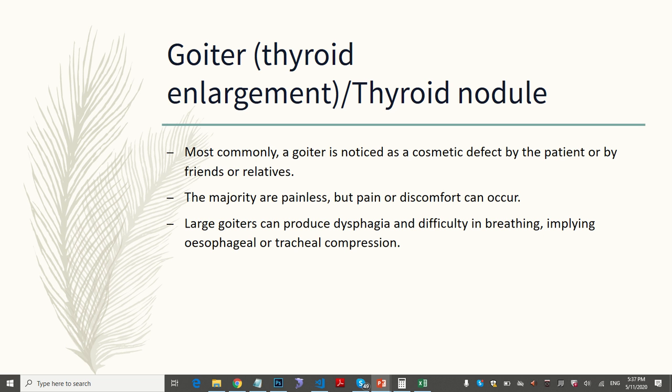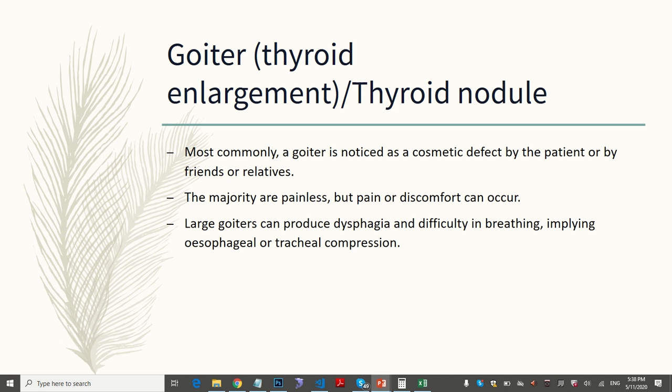Now, goiter. What is goiter? The thyroid enlargement is called goiter. The enlargement could be of three types: diffuse, multinodular, and solitary. You can have a patient with a diffuse thyroid swelling, and usually it's from hypothyroidism, the underactive, hypofunctioning thyroid.